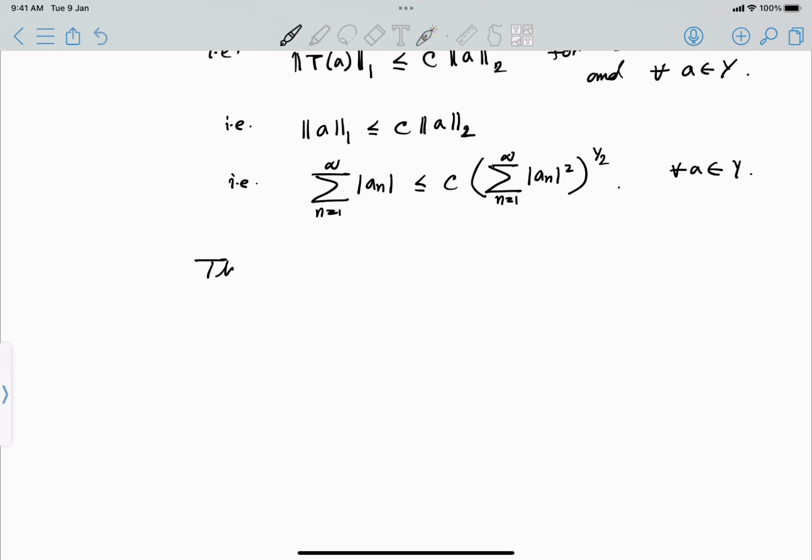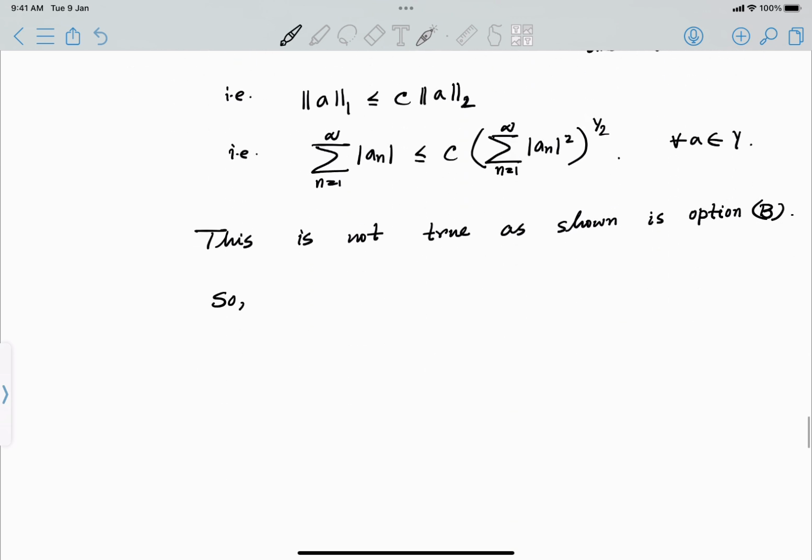So this is not true, as shown in option B. So this cannot hold. So T is not continuous.